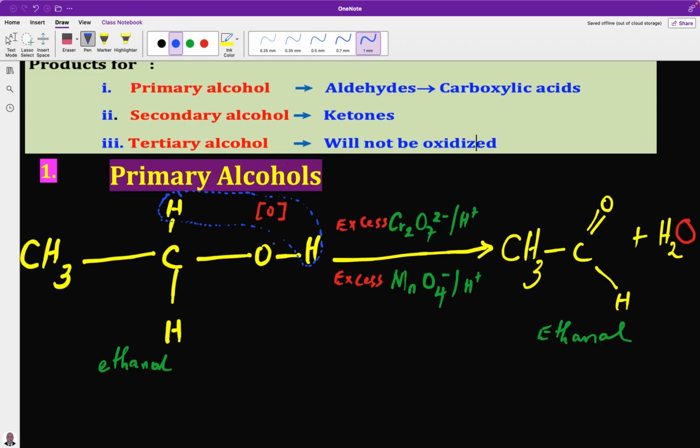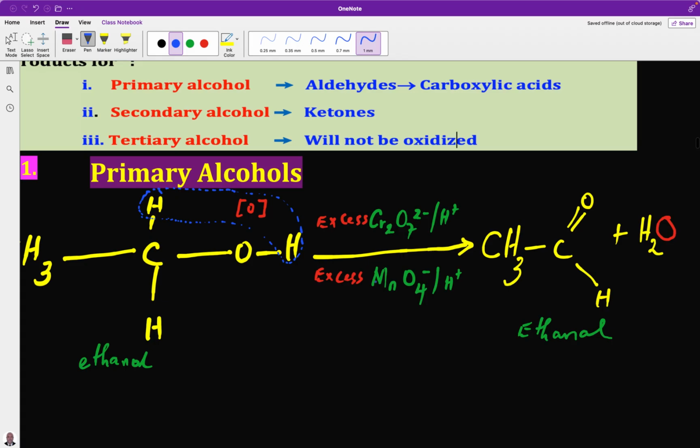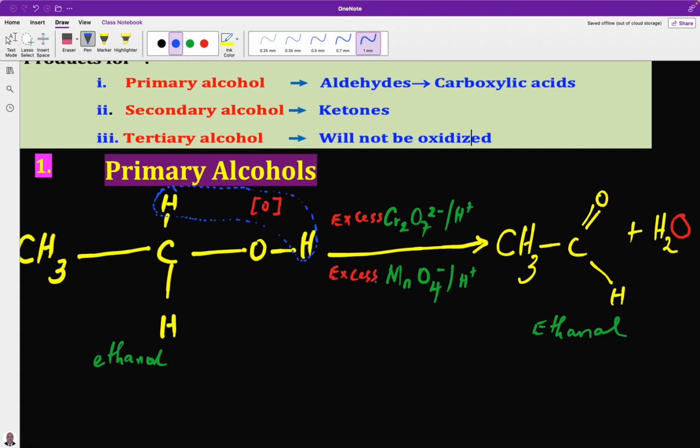As I said, oxidation is the addition of oxygen to a molecule and subsequent removal of hydrogen. In this reaction, under this condition, a molecule of water is removed and the product is produced.